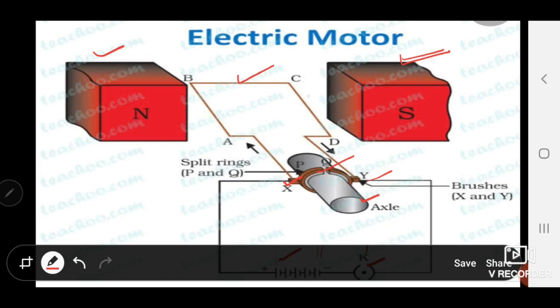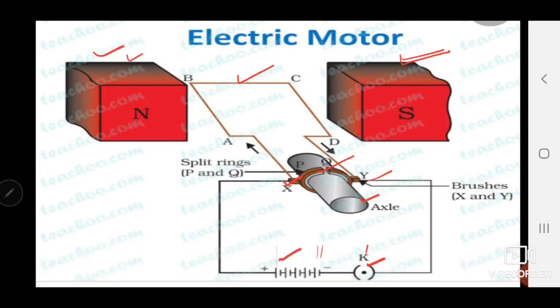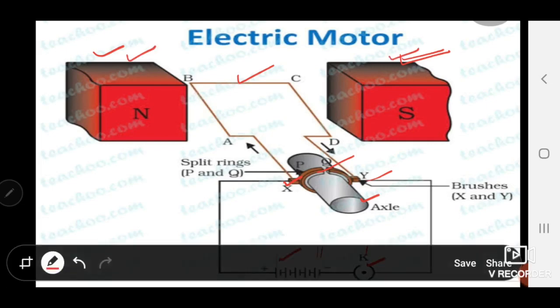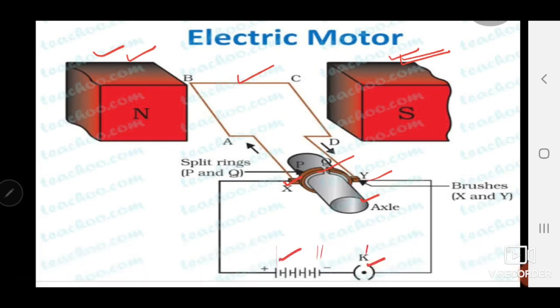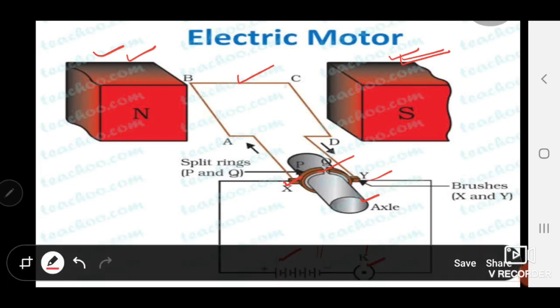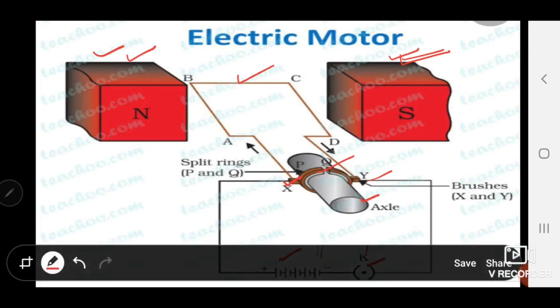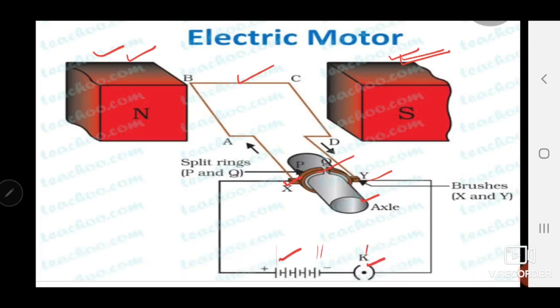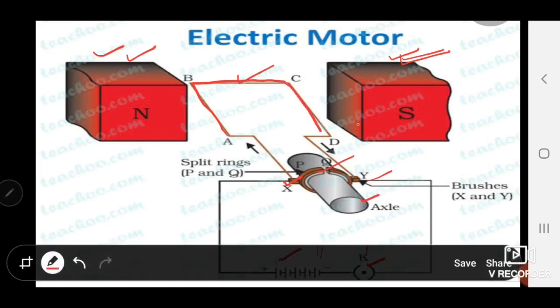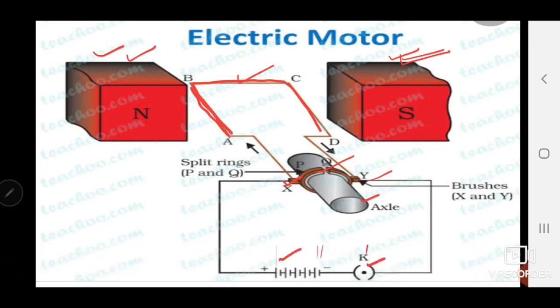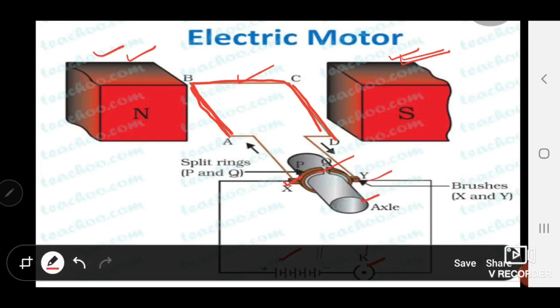It consists of two powerful magnets N and S, and a rectangular coil ABCD, which is a copper wire. This coil is placed in between the two powerful magnets N and S, such that the arm AB is always perpendicular to the arm CD.